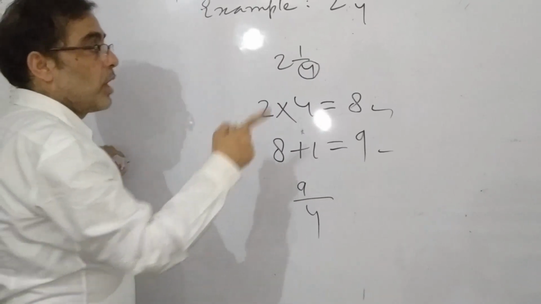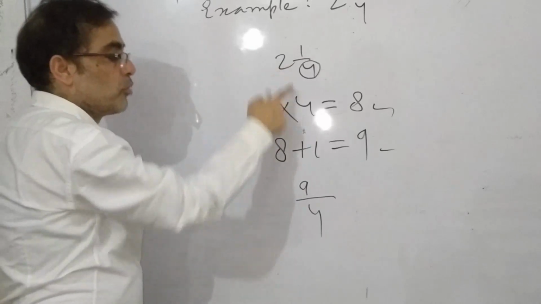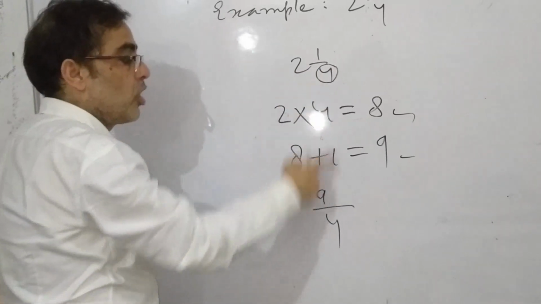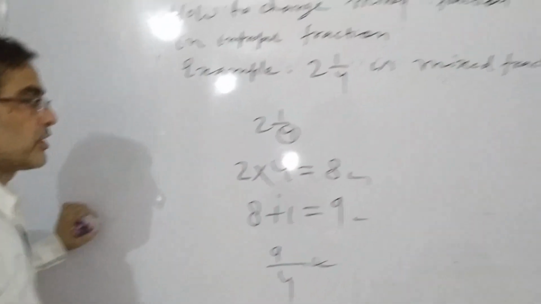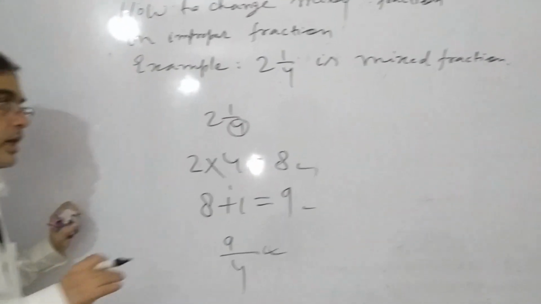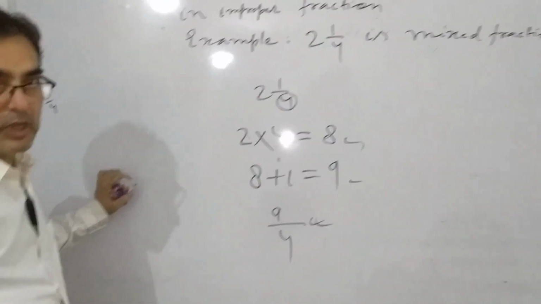In both the mixed fraction and the improper fraction, 4 was not changed. This is the example of an improper fraction. Here I change a mixed fraction into an improper fraction.